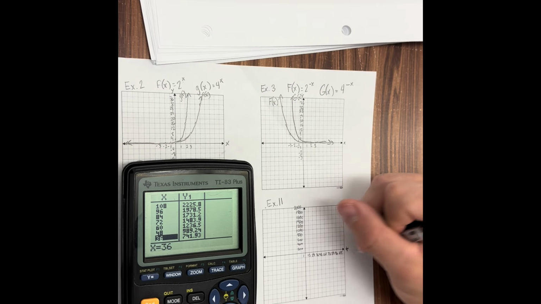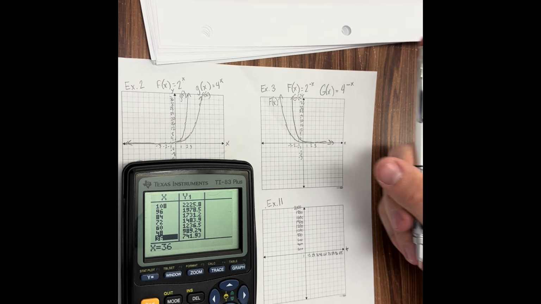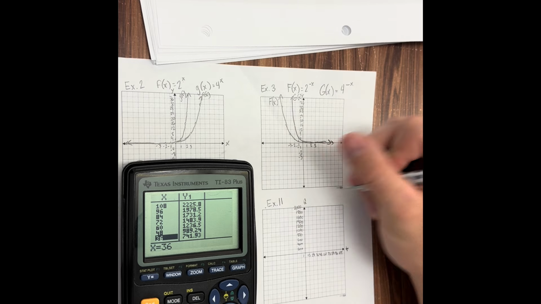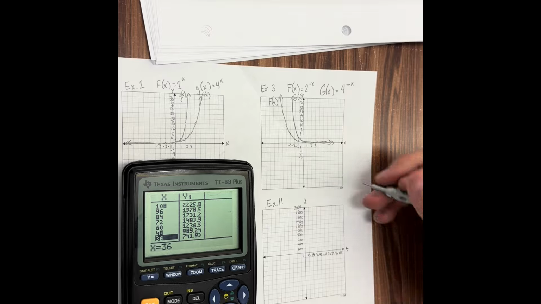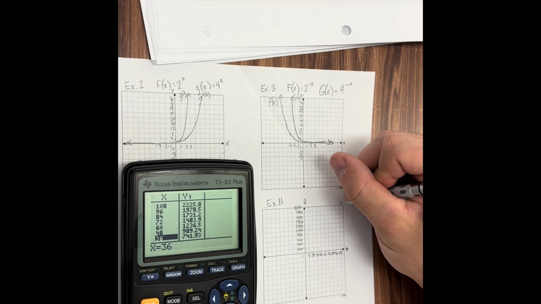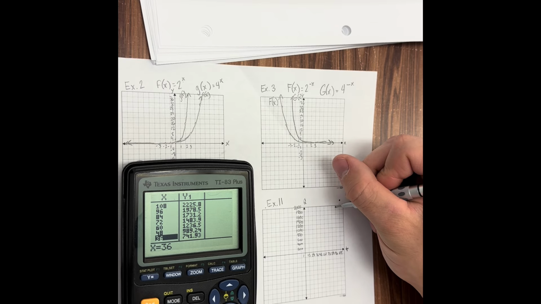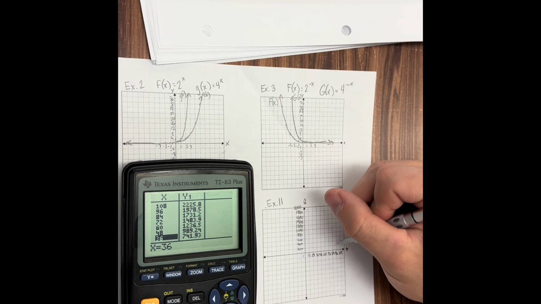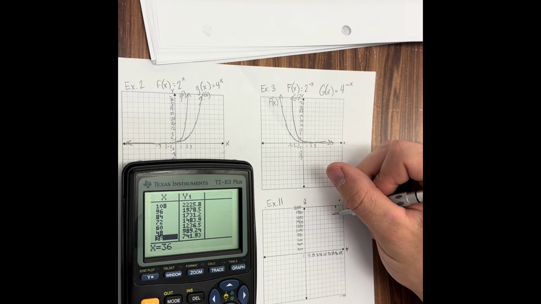And this time we have to label our axes T and Q. All right, so at 108, it's a little bit of an overgraph at 2,225, so you can put that point down there. It's not going to be very exact. 96 is at 1978, so pretty close to 2,000. Then we have 84, which is at 1731.